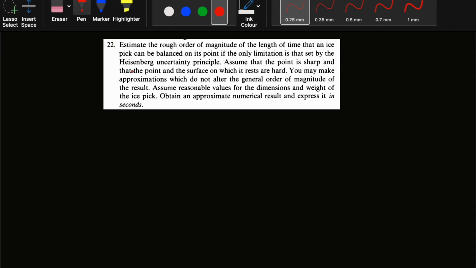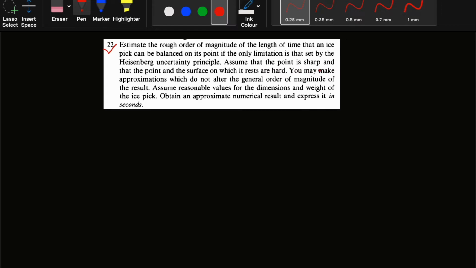Now we will solve question number 22. It is an interesting question. In this question it is asked: estimate the rough order of magnitude of the length of time that an ice pick can be balanced on its point if the only limitation is that set by the Heisenberg uncertainty principle.